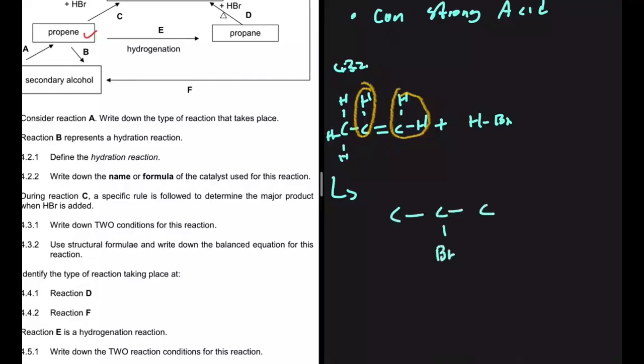Br is going to come to the carbon in the middle, and the hydrogen is going to come to the first carbon. And then now it's just a matter of filling out our hydrogens. So this is our major product according to Markovnikov's rule. And then Br being on the first carbon and H being on the second carbon is our minor product. This is our major product. Usually when this reaction occurs, this is the product, right?